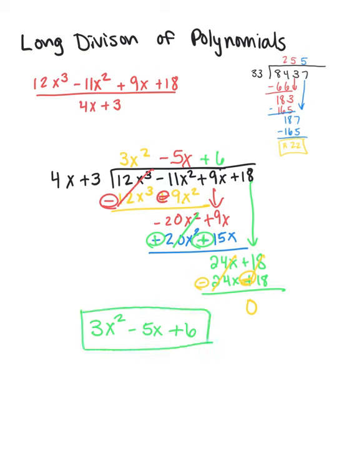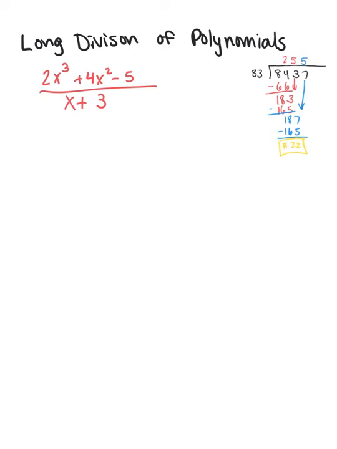I'm going to do one more example because this video is getting kind of long. Okay, so this one I'm dividing 2x cubed plus 4x squared minus 5 by x plus 3. Notice I have a cubic term, a quadratic term, but I don't have that x to the first power. Like I said a little while ago, I cannot have a missing term, so I do have to do something for that missing term.